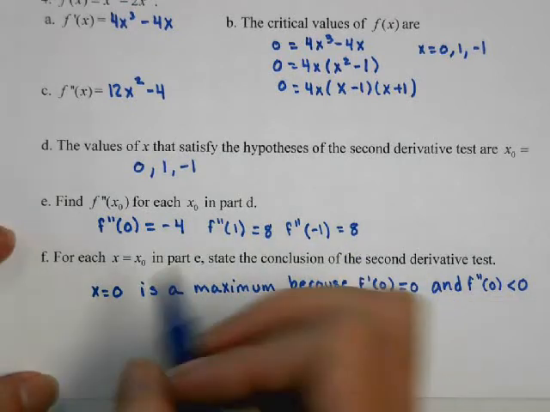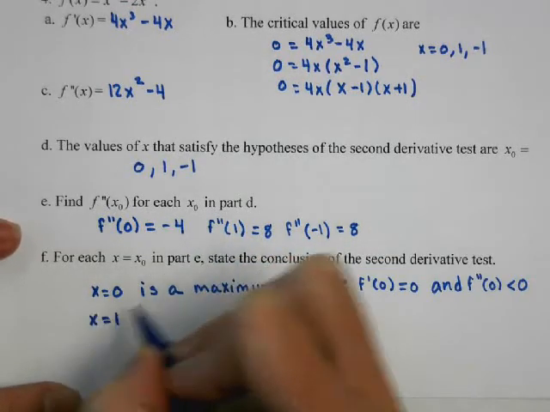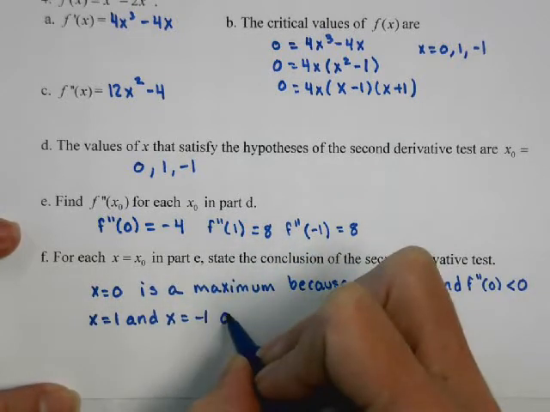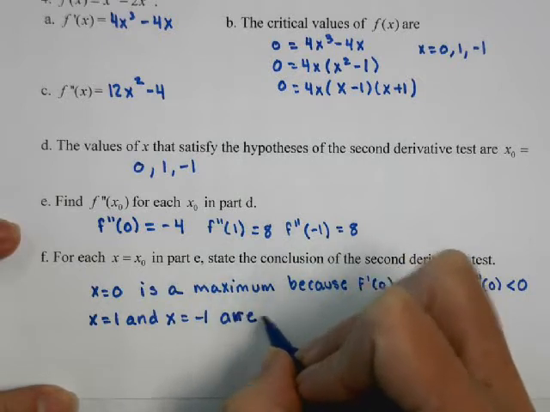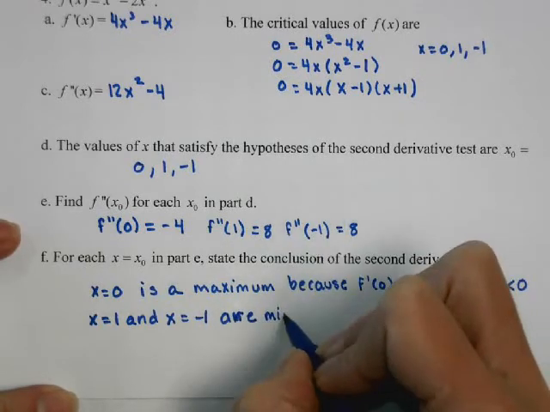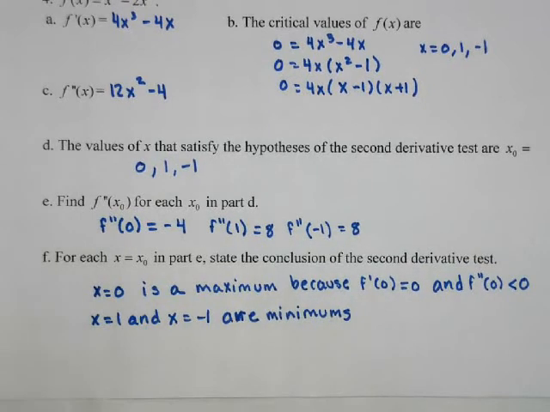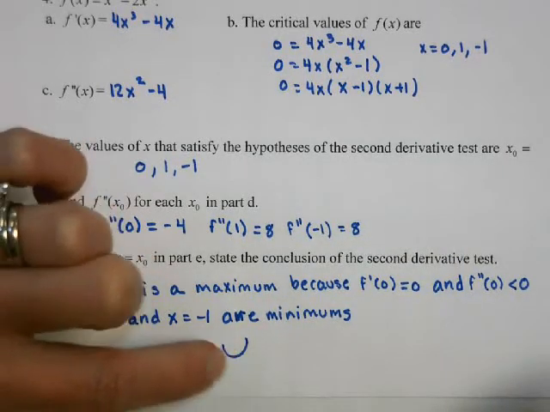The other two were both positive second derivative, which makes them minimums. Okay, because if it's concave up, and you can picture that concave up, and the slope was 0, that means they're at the bottom of that curve.